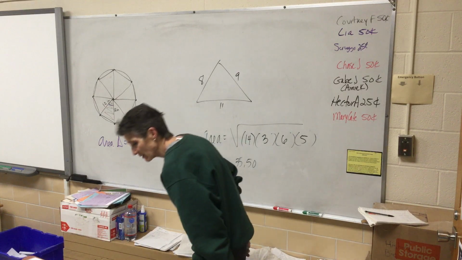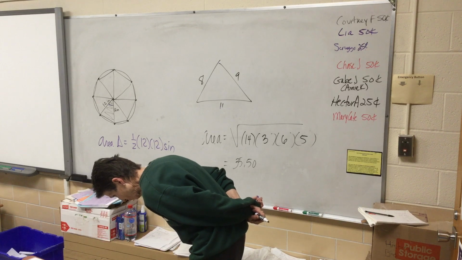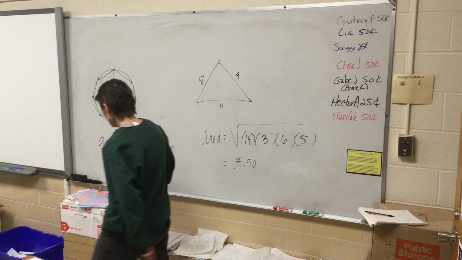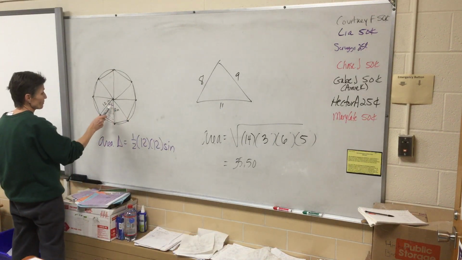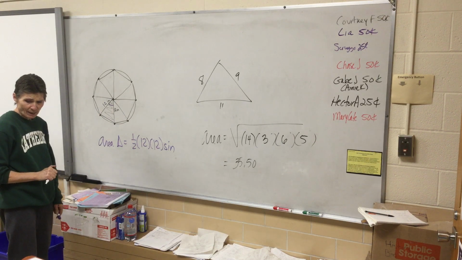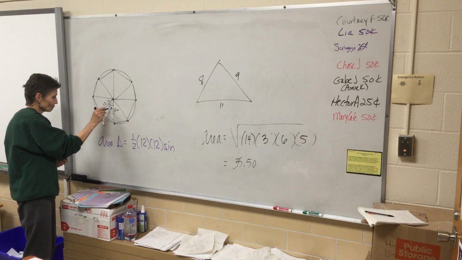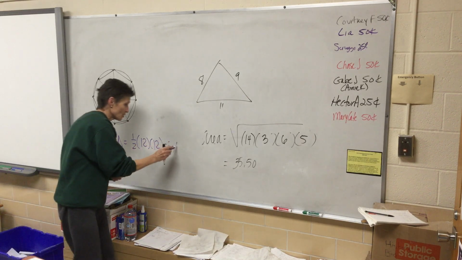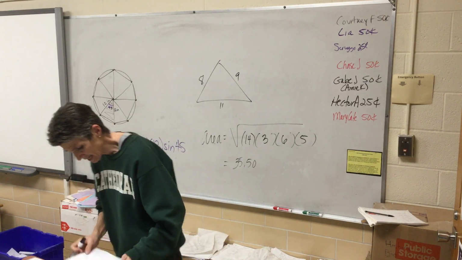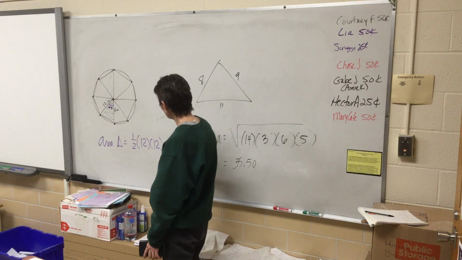How do we find that central angle? Exactly. There's 8 of them around here, guys, and they're all equal and they make a circle. So 360 divided by 8. Is that 45? Yeah. So you can find the area of the triangle by doing 1/2 12 12 sine 45.